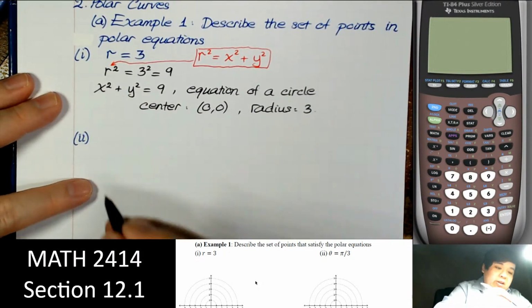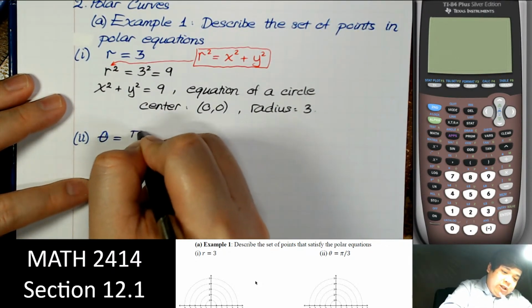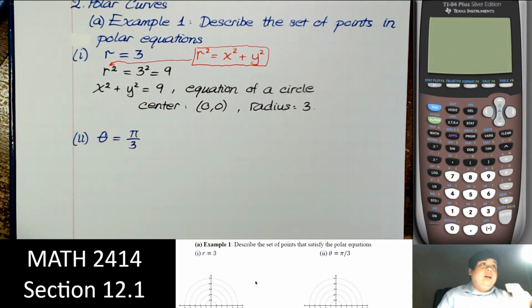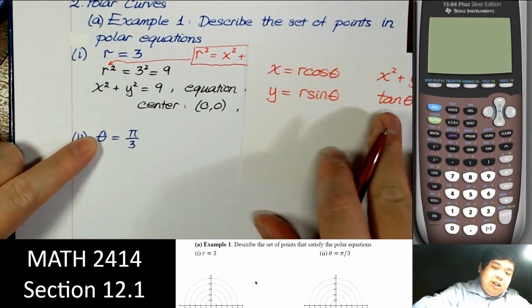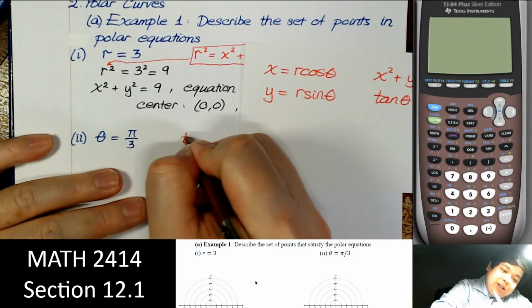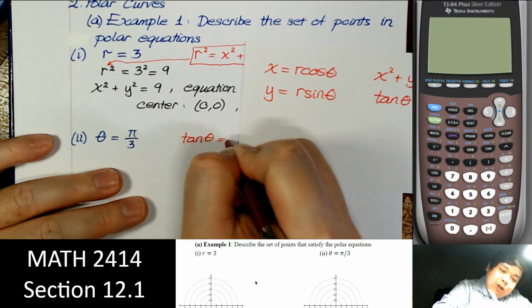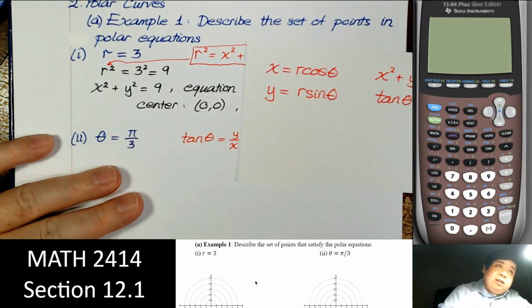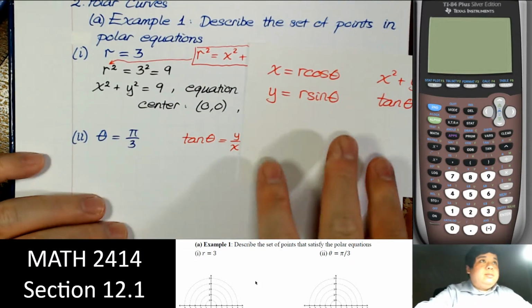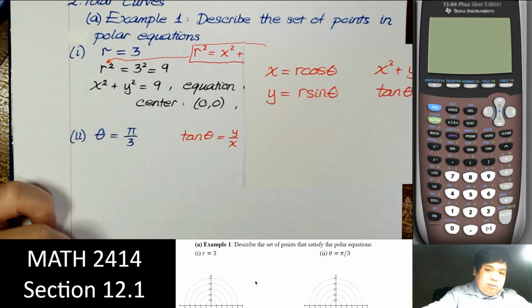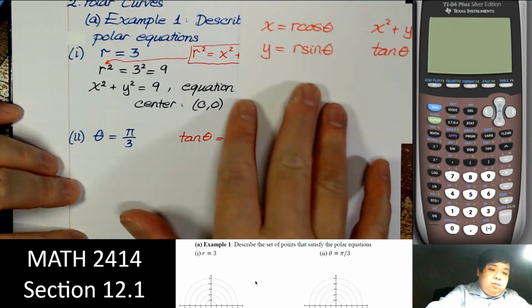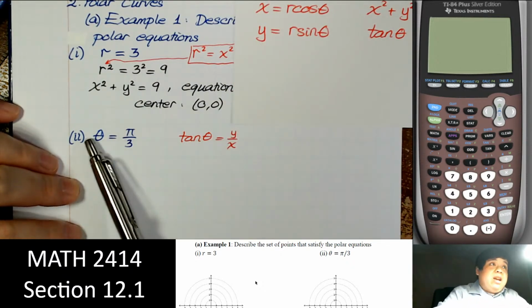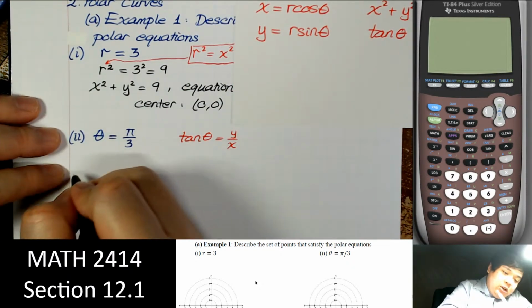Right, next. What if we have theta equal to pi over 3? What does this equation represent? Right, so we have tangent of theta equal to y over x. So we just have theta though, so I will take tangent on both sides.